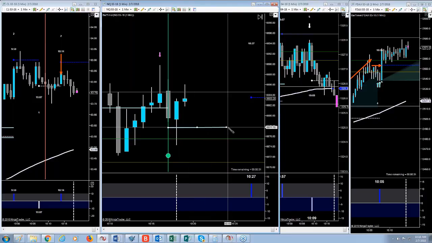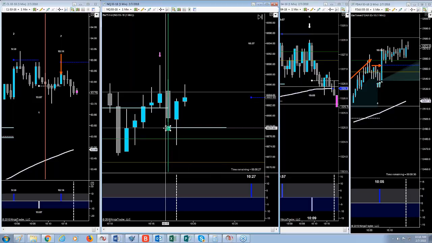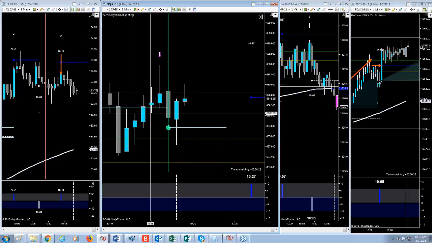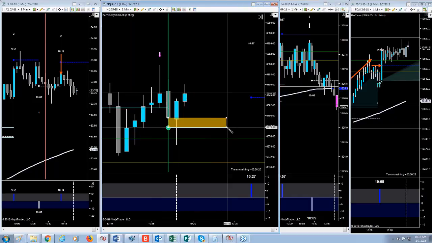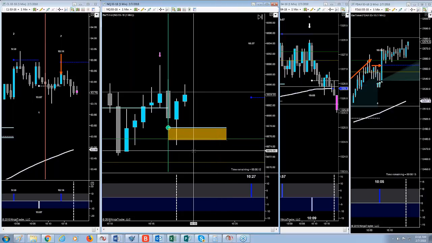But we would be waiting for a pullback to the line, which was there. The original stop would have been from the close of that candle to 1 tick below, which would have been 77.25. You'd have entered at the line and still been stopped out. So that was a loss. NQ net loss right here.